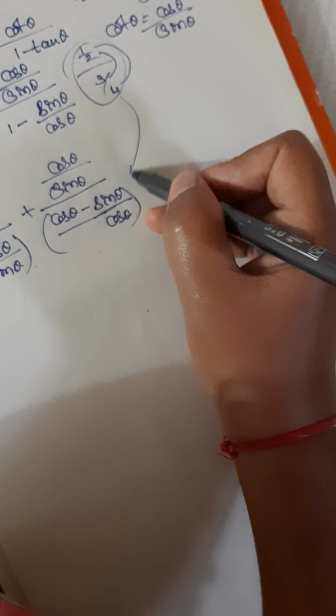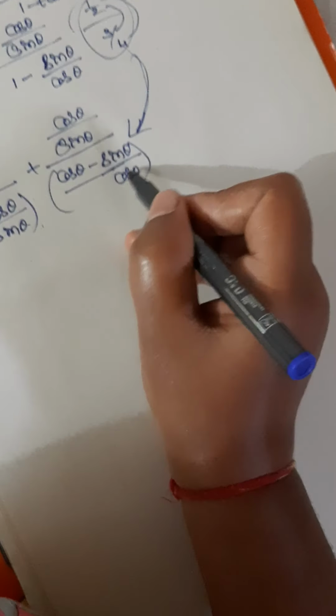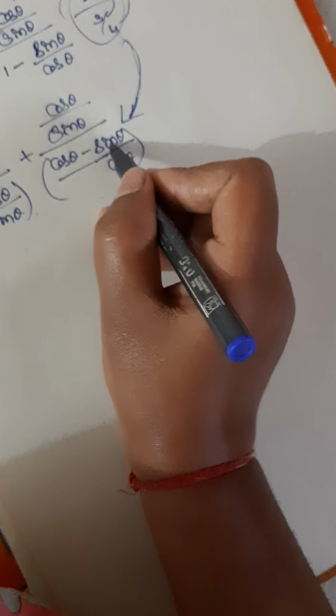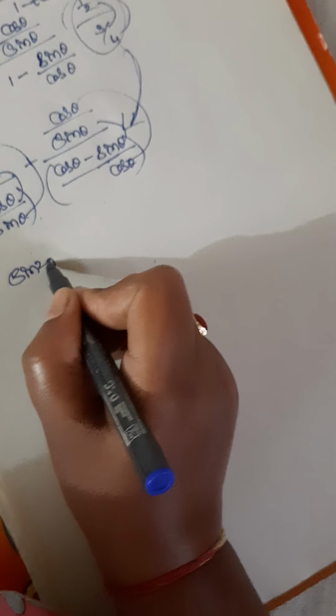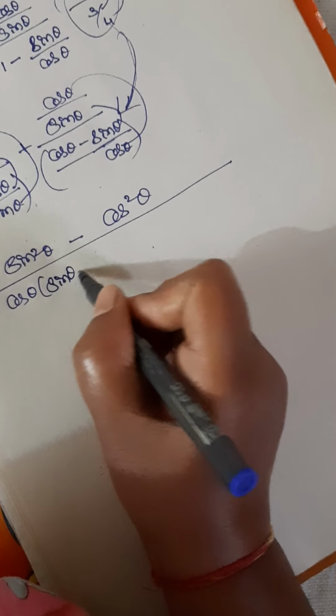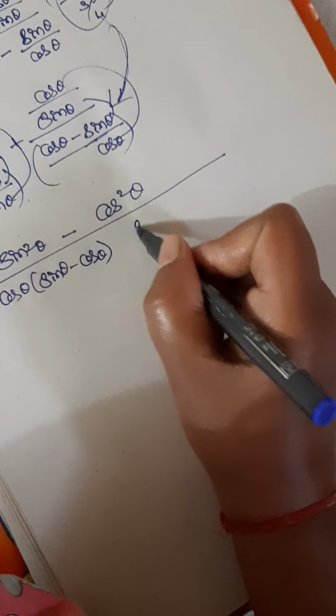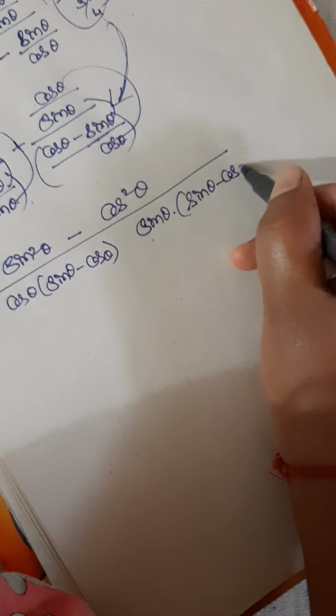So now we can solve in this way. This thing goes here, this cos goes here, and this will be coming down. This cos will be multiplying with this, and these things are multiplying with this. By that we get sin square theta minus cos square theta divided by, in the denominator, cos theta into sin theta minus cos theta into sin theta minus cos theta.